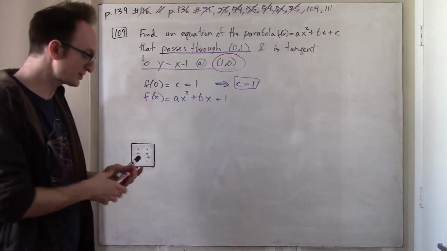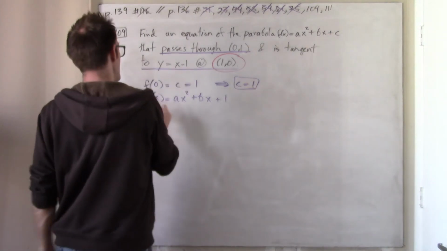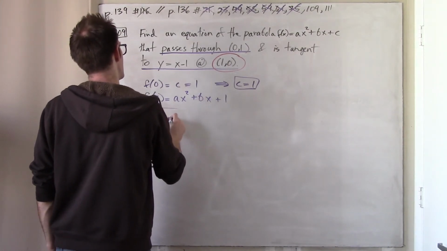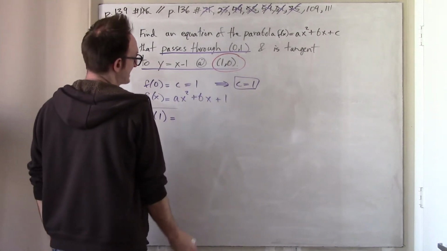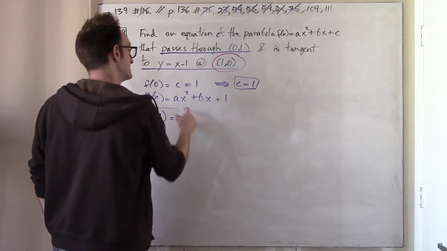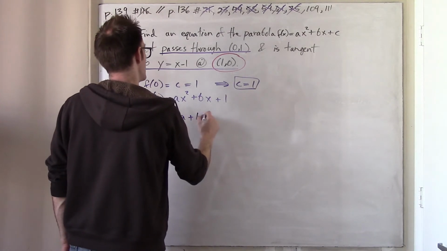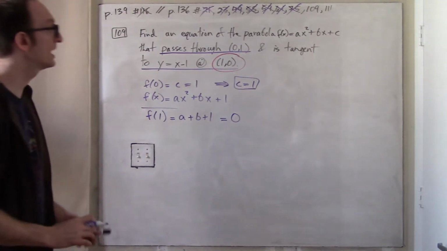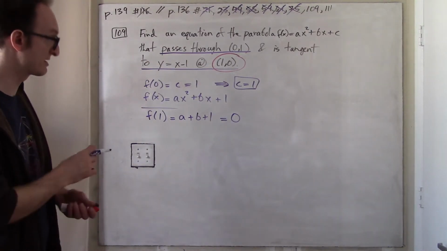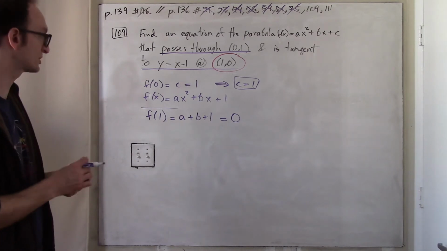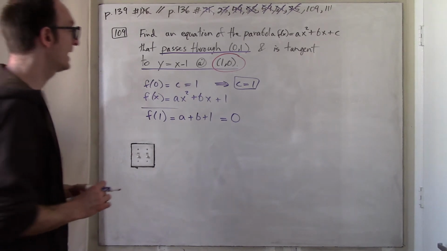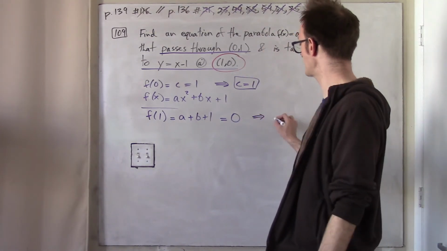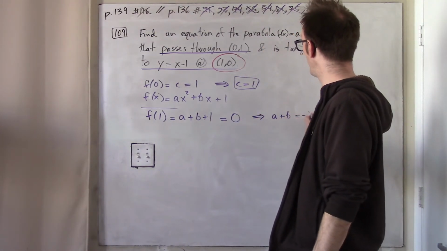And so it's also true that when you plug 1 into this function, you get back 0. So if I plug in 1, I get a plus b plus 1, and that has to be 0, because 1, 0 is a point on this parabola. So from this, all I can tell is that a plus b is negative 1.